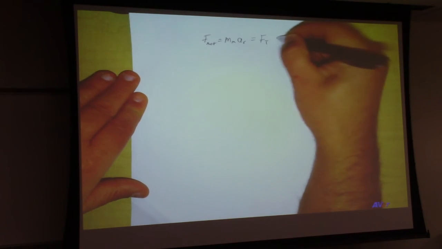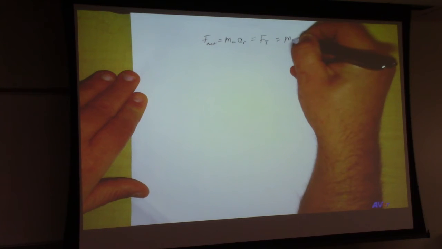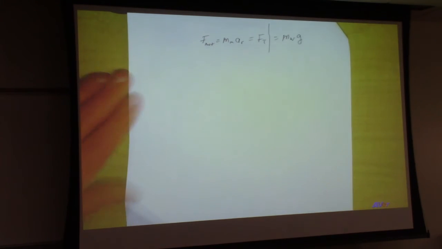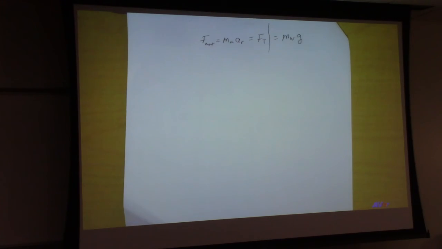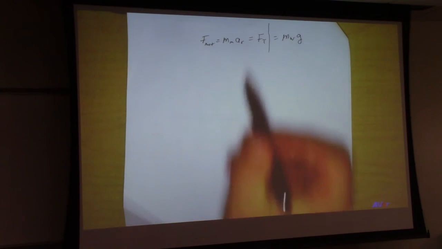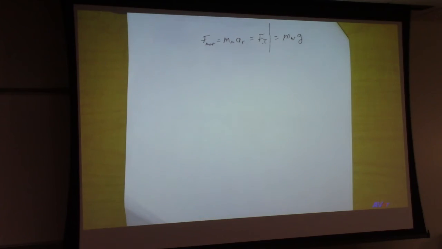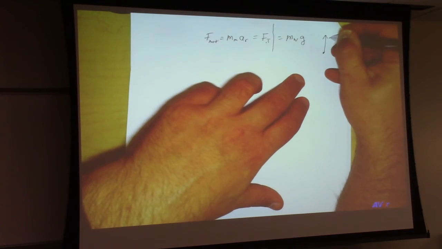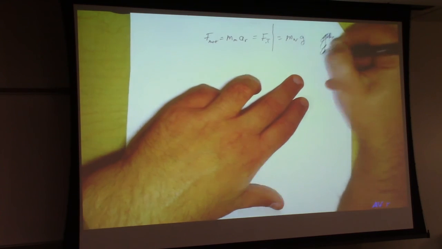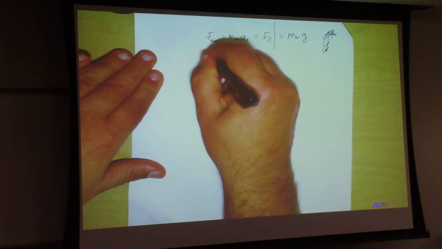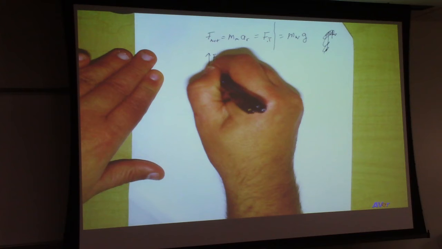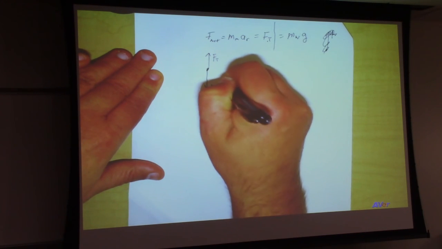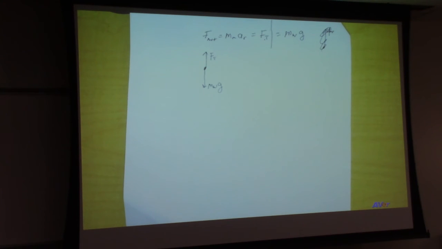But the tension is also equal to the mass of the washer times g. So this is like the rotational part of it. You know, F is equal to ma. What is the actual force? Well, it's the tension. And then you know that this tension has got to be equal to the mass of the washers times g, right? Because that's not going anywhere.